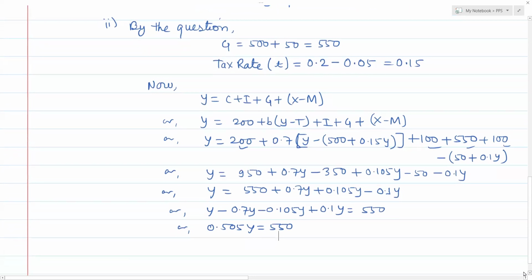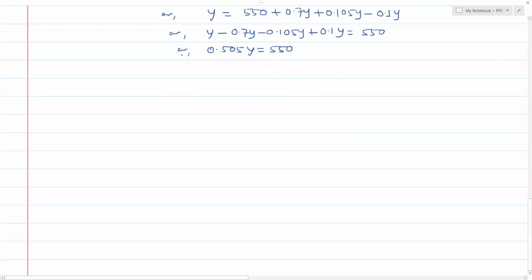Therefore, y is equal to 550 divided by 0.505, which is equal to rupees 1089.10 billion.